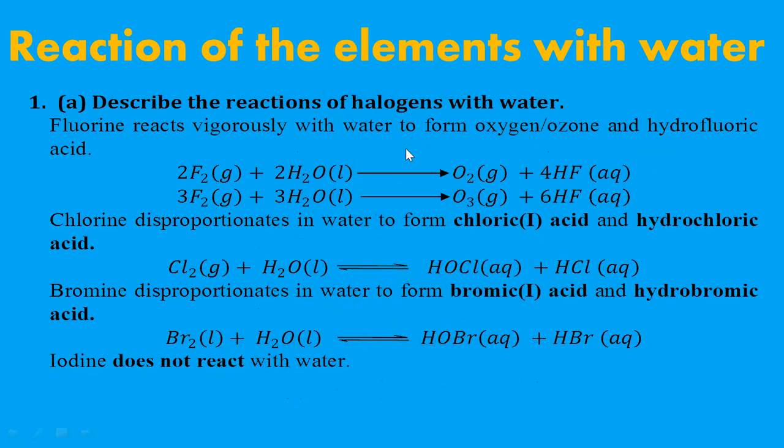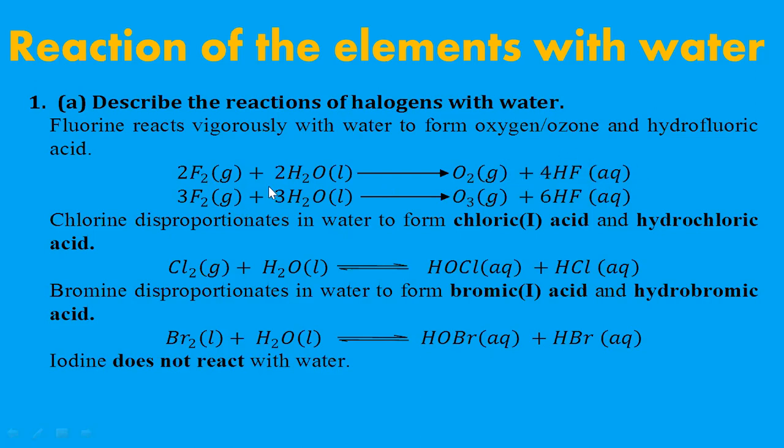We looked at the chemical properties, specifically the reaction of the elements with water. So we looked at how these elements react with water, with fluorine being the strongest oxidizing agent, whereby it oxidizes water to oxygen and hydrofluoric acid.